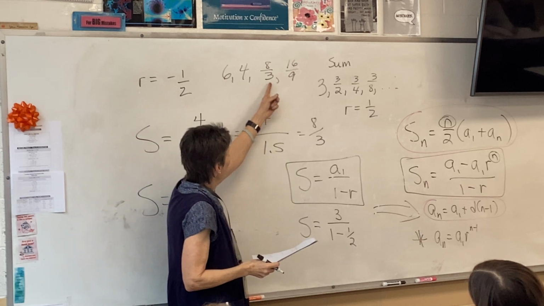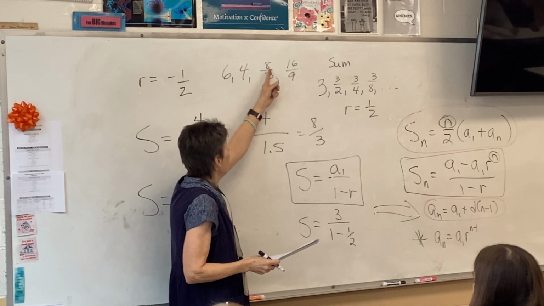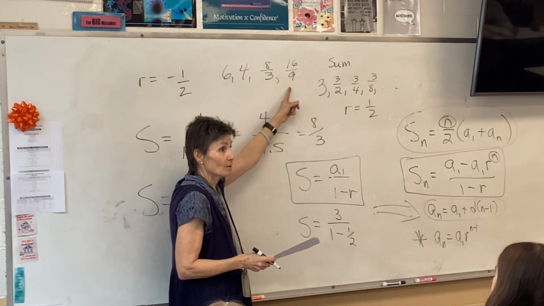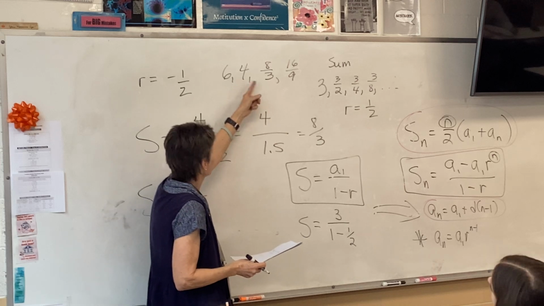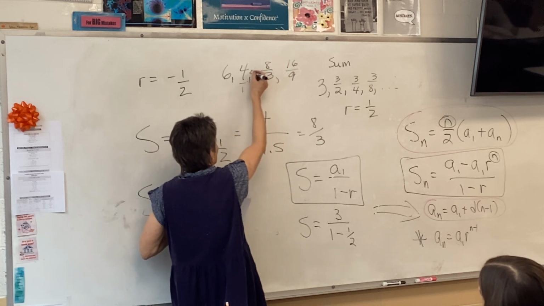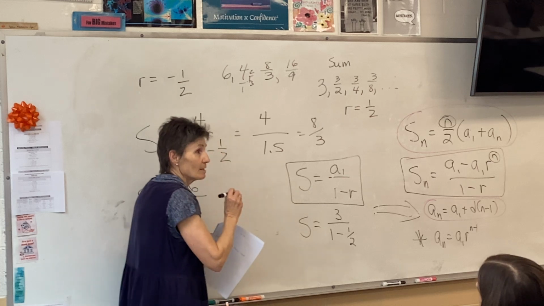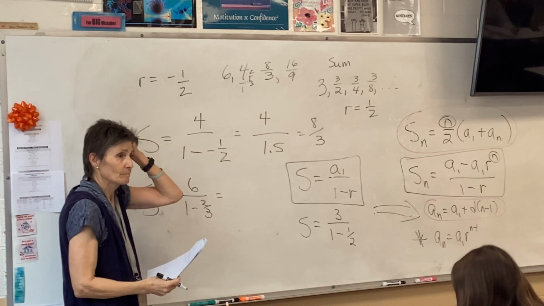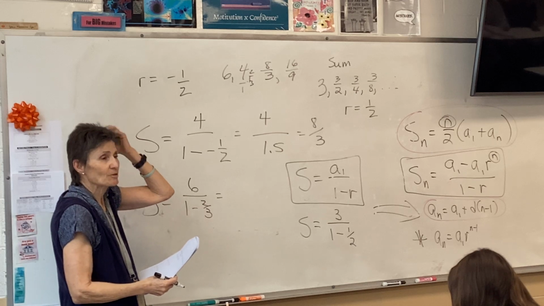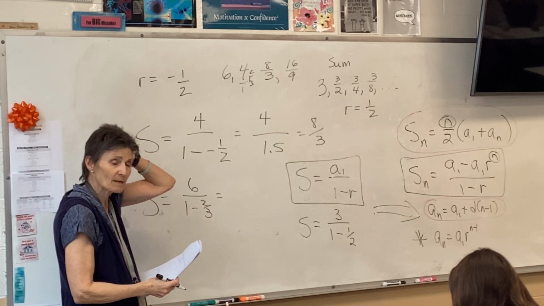What am I multiplying by to get from here to here? 2 over 3. If I take this times 2 over 3, you're gonna get 8/3. So my ratio is 2/3. You gotta think. It's not just gonna fall into your lap. You gotta spend some time thinking about it.